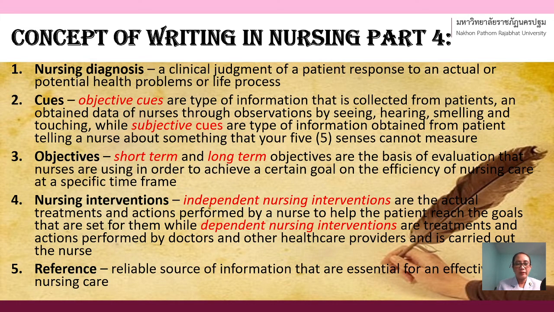And of course, as I have mentioned, a reference is very important because you need information or details from reliable resources like books and the internet on how you are going to care for your patient, especially the current and effective nursing care or interventions.